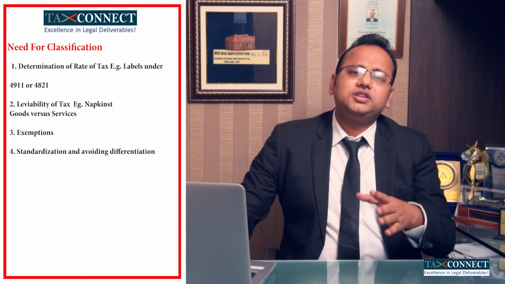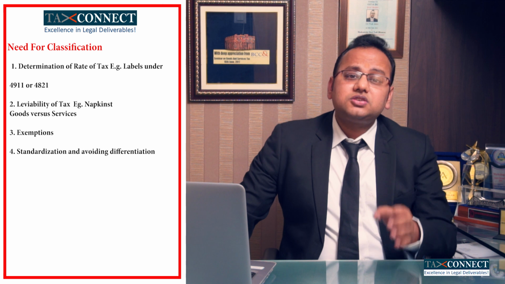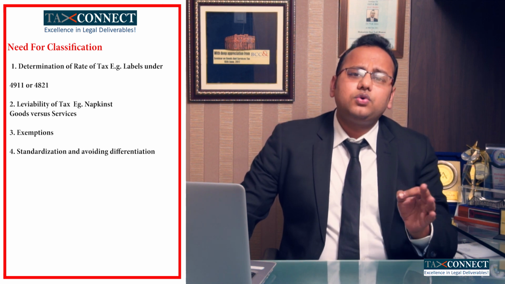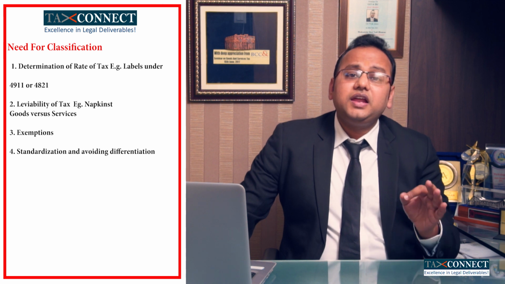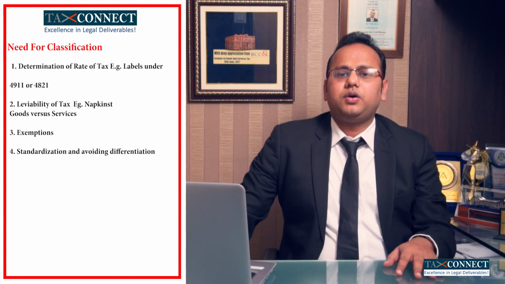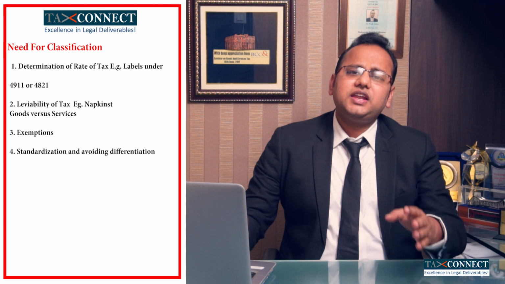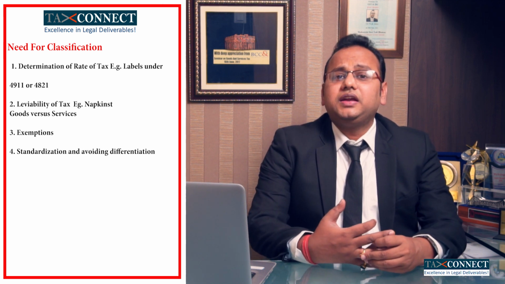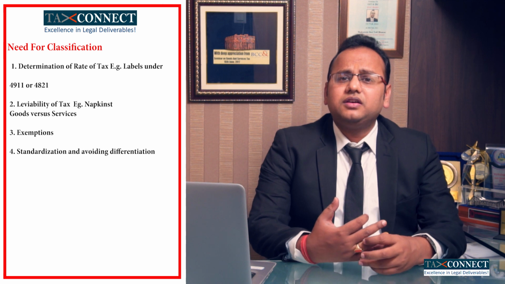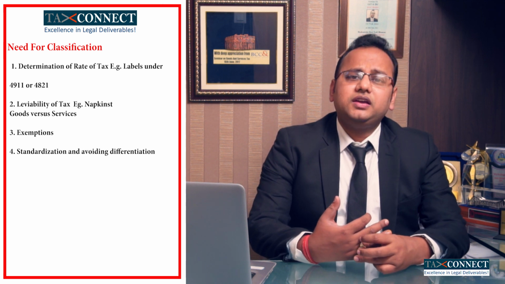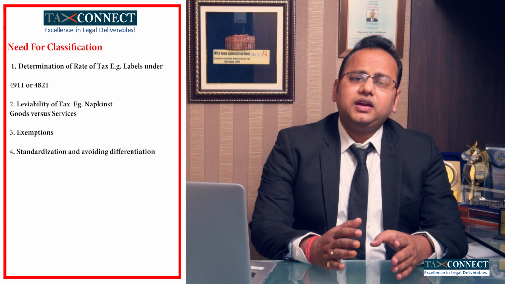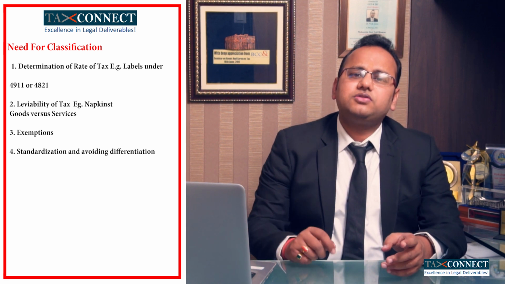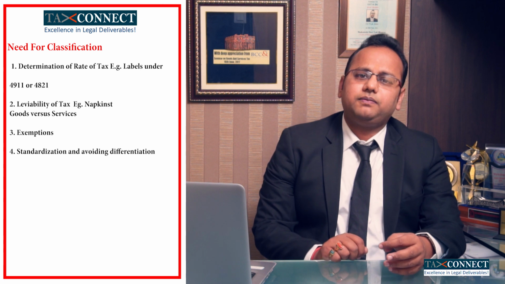And last and not the least, works contract is only and only under section 2(119), related to immovable property. Now what is an immovable property? A property which can be dismantled without being destroyed is a movable property, and a property which cannot be dismantled without being destroyed is an immovable property.